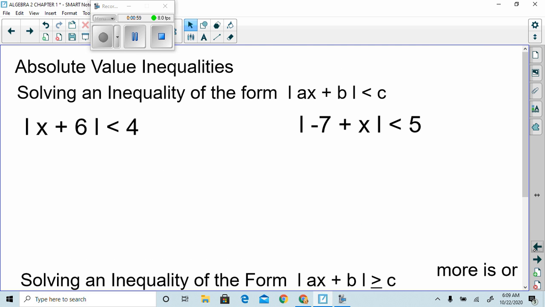We're going to solve an inequality in the form first of the less than type. So less is going to be the "and" type. So if I'm looking at how I'm going to set this problem up, think of my "and" inequalities. I'm going to, as they say, nest this in the middle.